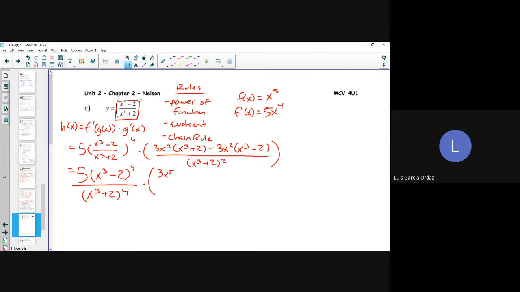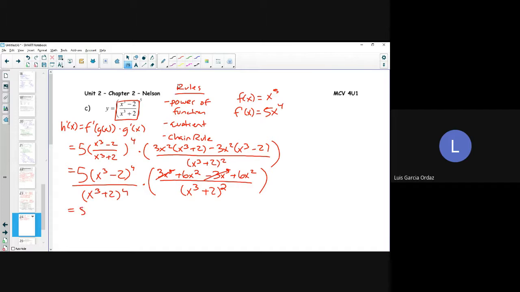3x to the 5 plus 6x squared minus 3x to the 5 plus 6x squared, all over (x to the 3 plus 2) all to the power of 2. Now, as you can see, 3x to the 5 and minus 3x to the 5 cancel out.